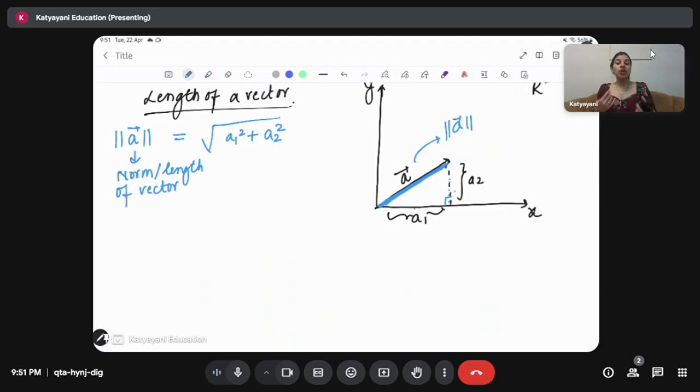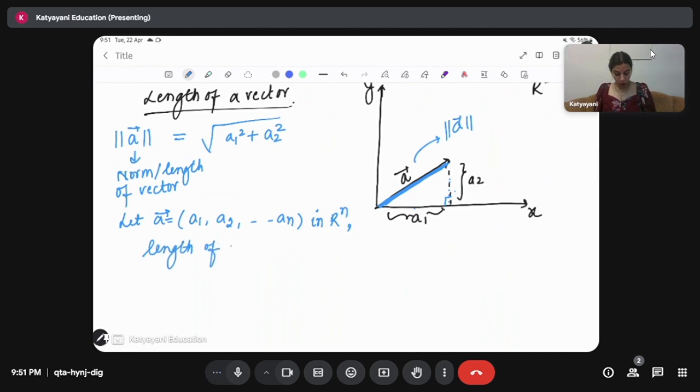If I want to generalize it to n space, right? अगर मुझे n space में बात करनी है, तो let A be an n vector, जिसमें A1, A2, A3 and so on are the components of that vector. So right, let A is equal to A1, A2, An in Rn. Then how will you find the length of the vector?